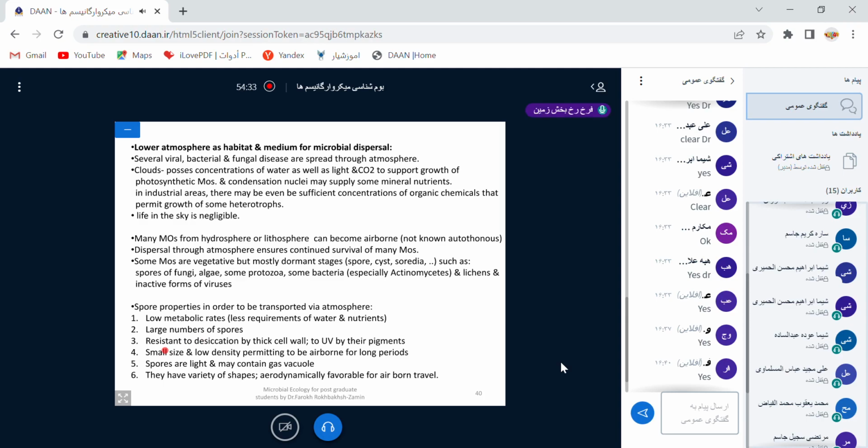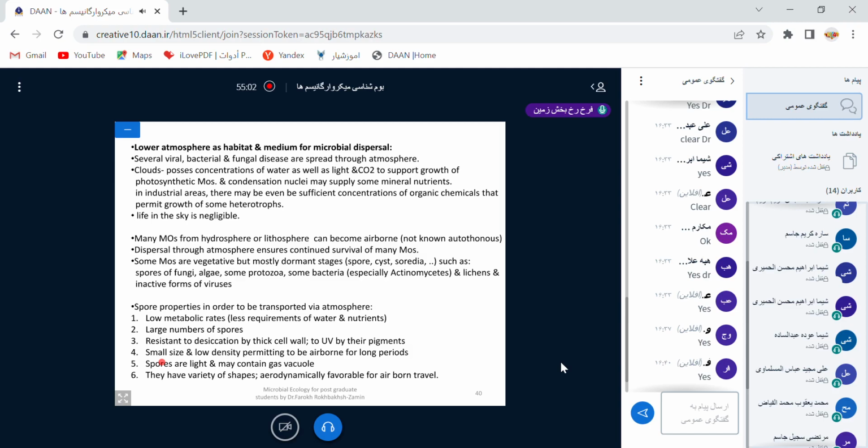Three, resistance to desiccation. They can hold their water within them, not allowing it to escape from the spore, thanks to the thick cell wall, and they are resistant to UV with the help of their pigments.